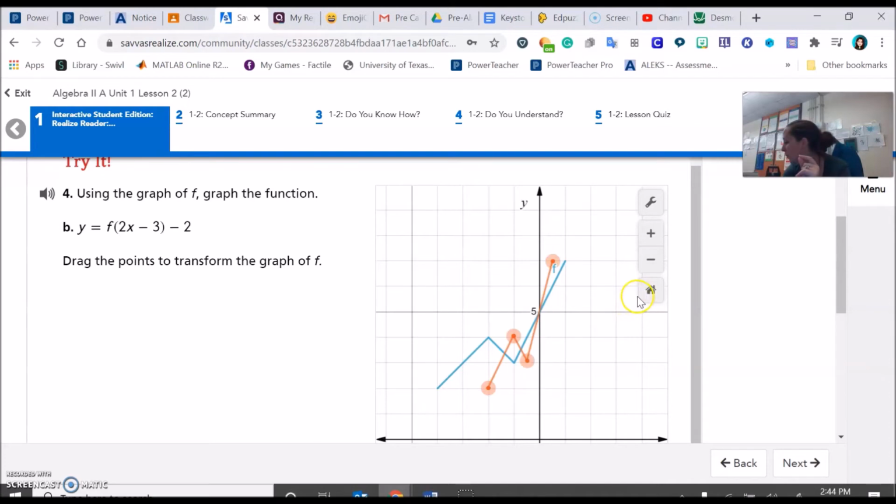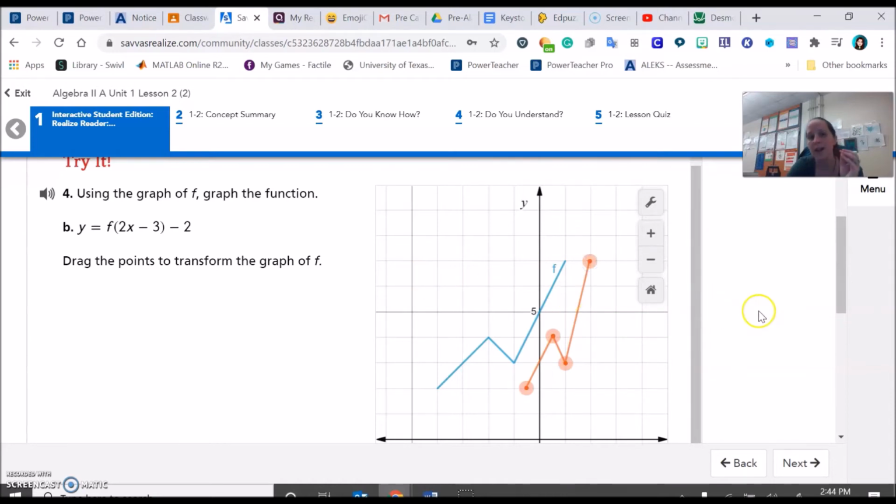The minus 1.5 tells me to shift horizontally to the right 1.5 units. So this is 1.5.